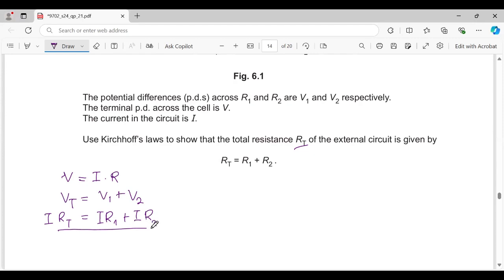After that, I will divide by I, and it becomes RT equals R1 plus R2.